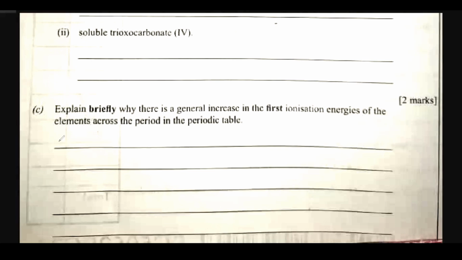Explain briefly why there is a general increase in the first ionization energies of the elements across the period in the periodic table. Okay, let's go straight to the point.